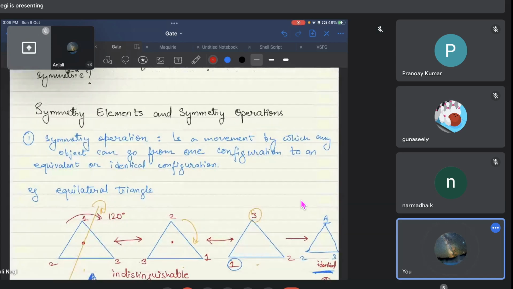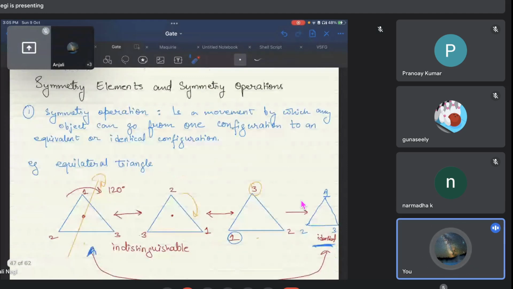So the symmetry operation is a movement by which any object can go from one configuration to another configuration by some operation we do on that molecule, such that we can get an equivalent or identical configuration. By equivalent and identical, I hope you understand that these two are very different.